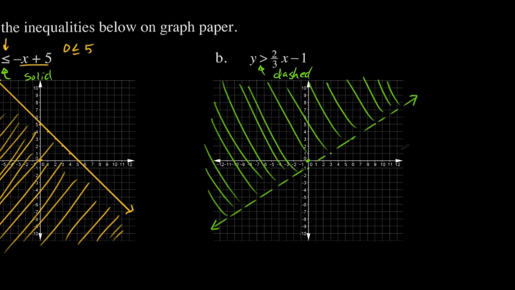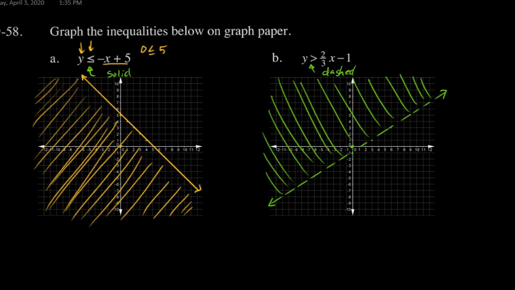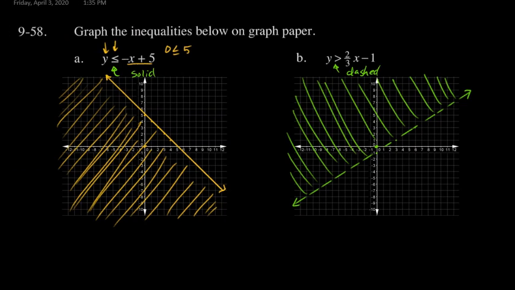And there they are, two different inequalities. One was less than or equal to, the other was strictly greater than. And we just graph the boundary lines as either a solid line or a dashed line, and we're pretty competent. And I think you're competent and confident in drawing those linear boundaries. And then either interpret it as it says the y's are below, in the case of part A, below or equal to.